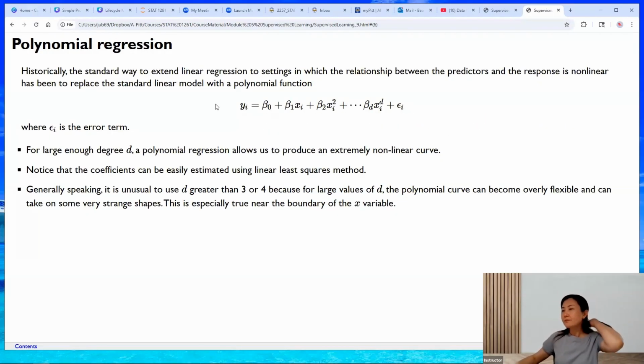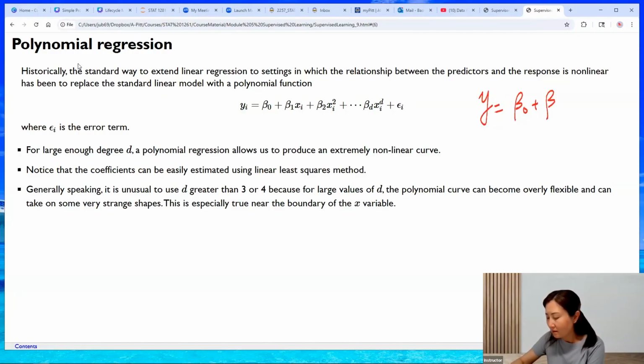Polynomial regression. This is just an immediate extension of simple linear regression by adding some polynomial terms. A simple linear regression will be just like this. Let's now just consider one predictor, only one variable.